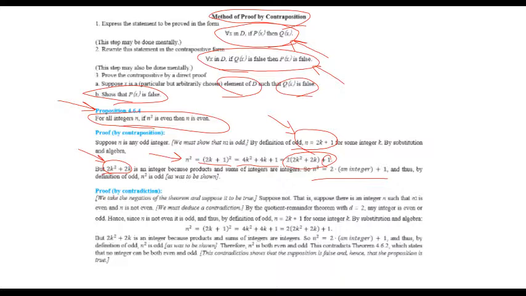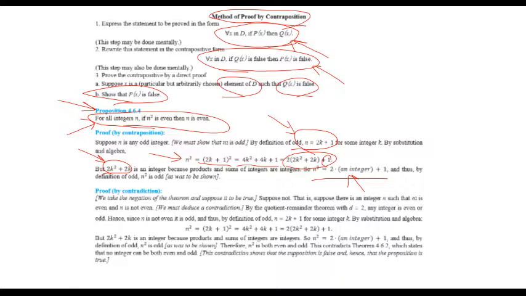So n squared is equal to 2 times an integer plus 1. And based on the definition of odd numbers, we have proved that n squared is odd. So we proved the contrapositive of proposition 4.6.4. So basically we proved that proposition using the method of proof by contraposition.